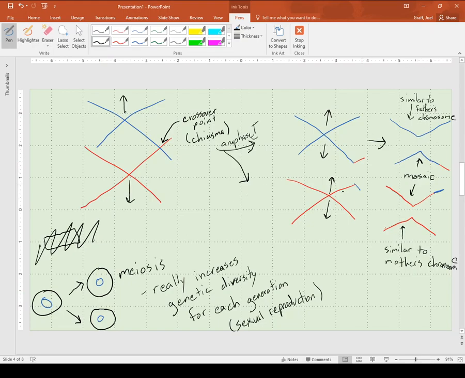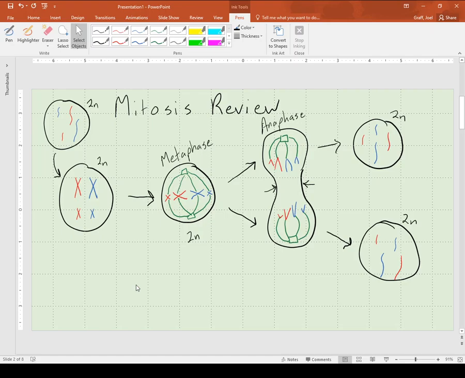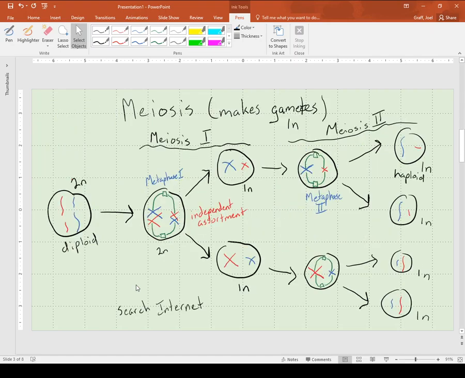and that does not give you any of this mosaicism, and because you just have the one chromosome you're dealing with, you also don't get mixing and matching, this independent assortment type thing going on.